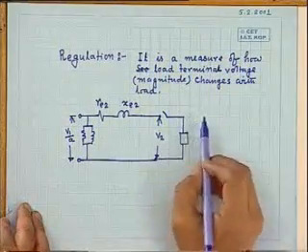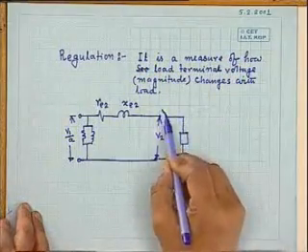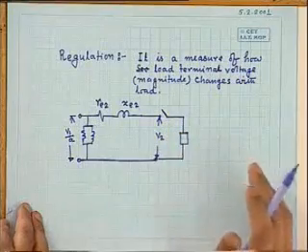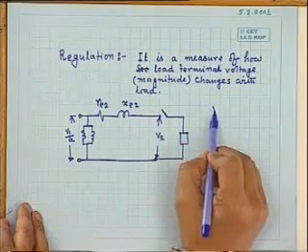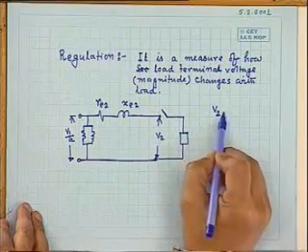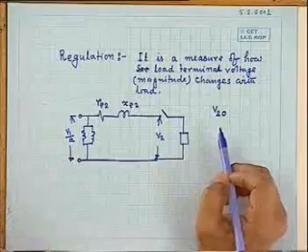Now, when the transformer is off-loaded, under no load condition, what will be the load voltage? That I will denote by V20.